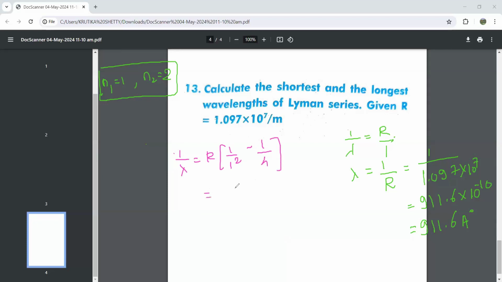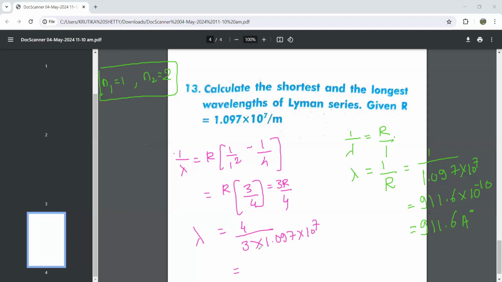Keep R outside. The LCM is 4, so 4 minus 1 is 3, and it is 3 divided by 4. That is 3R divided by 4, or lambda is equal to 4 divided by 3R, where R is the Rydberg constant 1.097 into 10 to the power of 7.